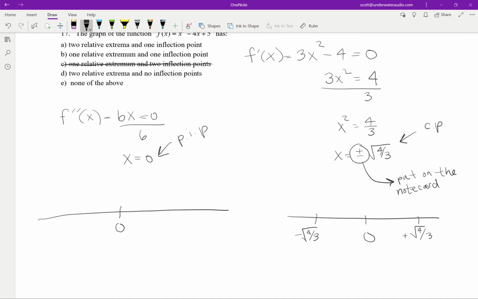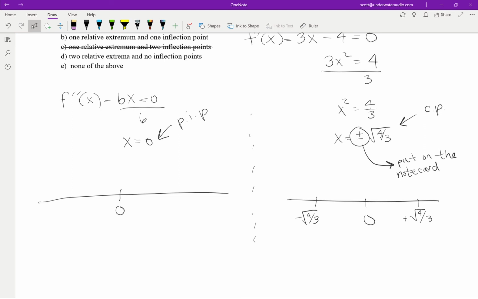Now I need to test points. Over here on the left, it's pretty easy to test points. Let's choose -1. If I plug -1 into my second derivative, that's just going to be -6, so it's negative before 0. And if I plug in 1, I will just get 6, so I get something positive.